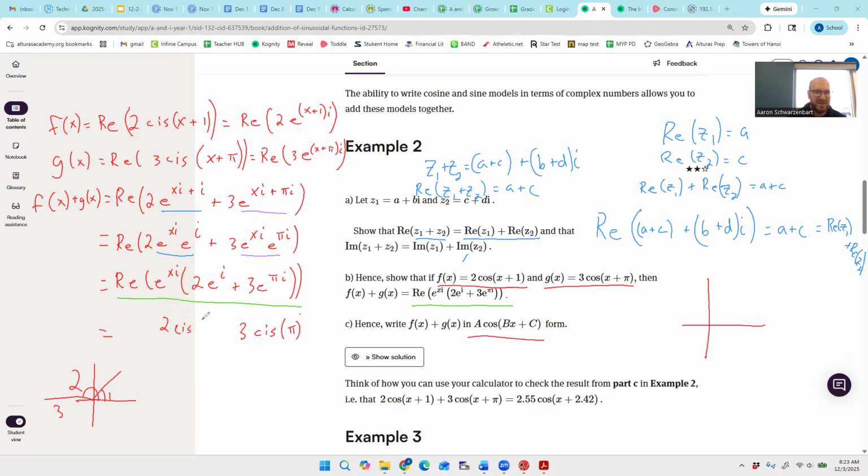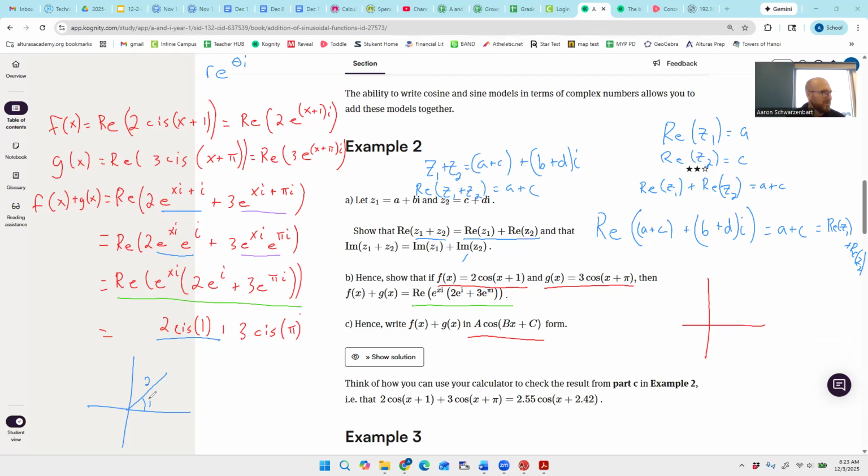Which one did we draw out? Maybe I'll just do it in 2 different colors. Blue has a radius of 2 and an angle of 1, because the form is re^(θi), and theta is 1.